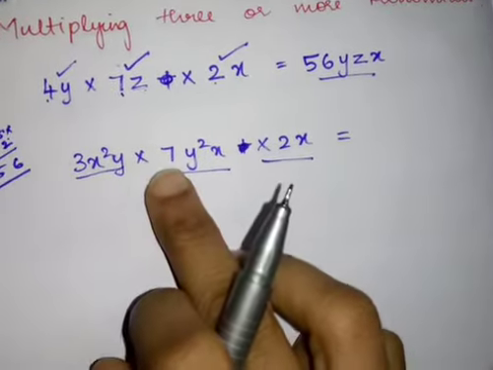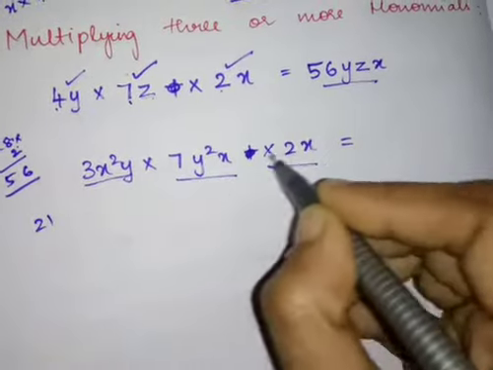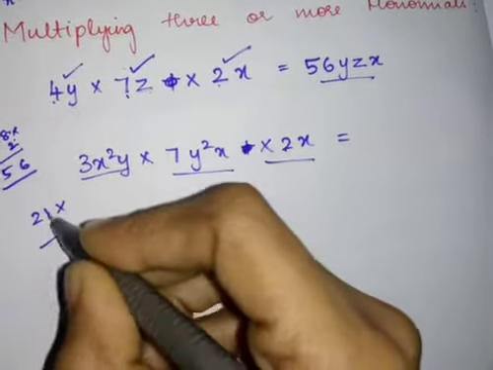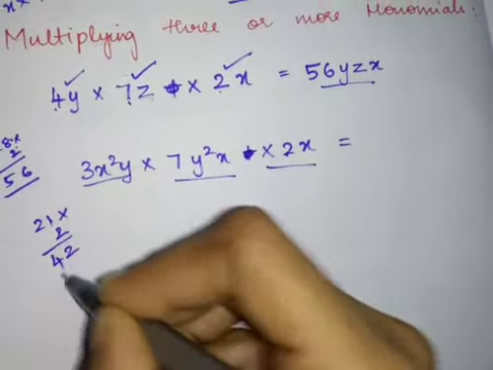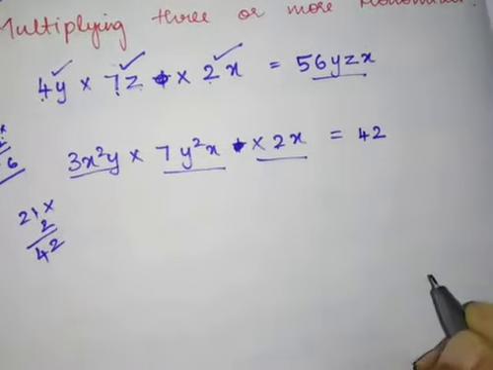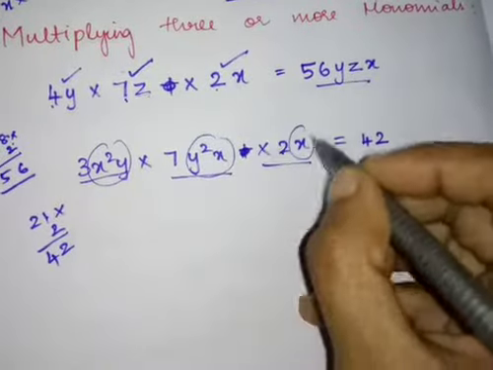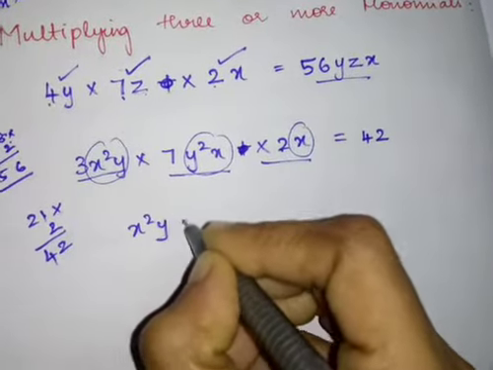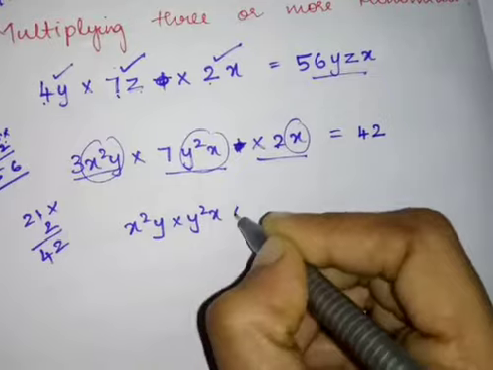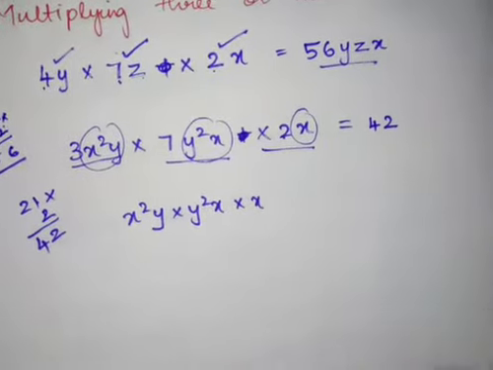So first 7 3s are 21. 21 into 2, 2 1s are 2, 2 2s are 4. So 42 is the numerical coefficient. Next, how many variables are there? These three are the variables. Correct? x square y into y square x into x. These three I have to multiply.